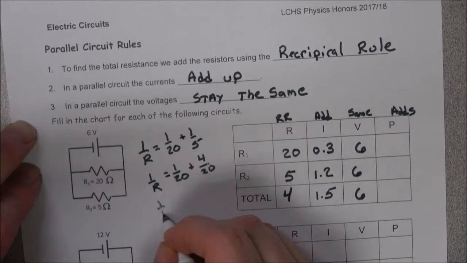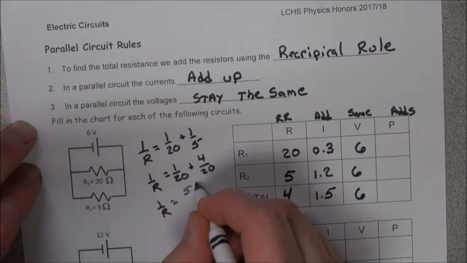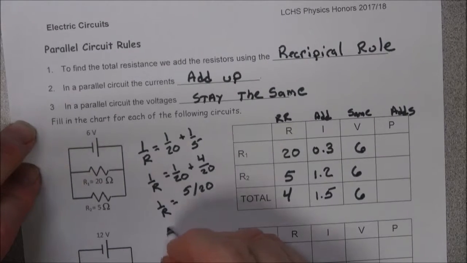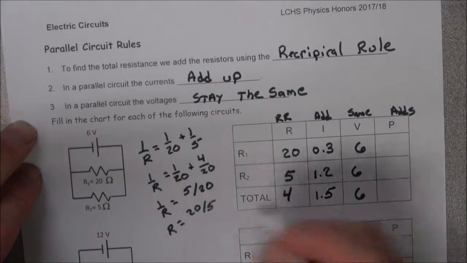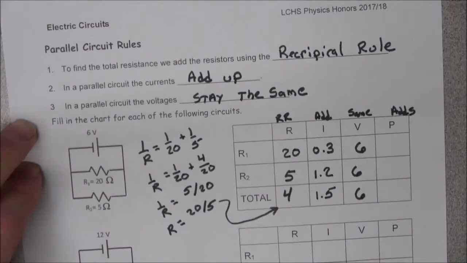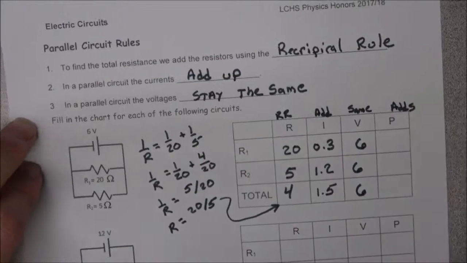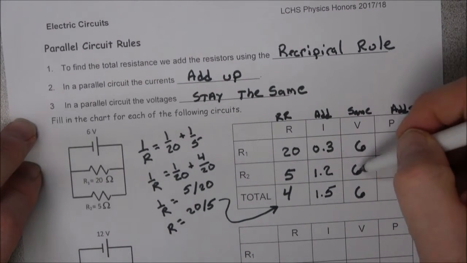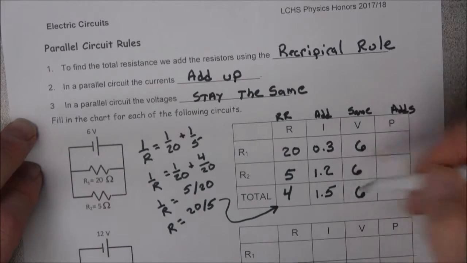So 1 over R is 4 plus 1, 5 over 20. So that tells me R is 20 divided by 5, which indeed is 4. Power is calculated the same way. So 6 times 0.3, 6 times 1.2, and that should add up to 6 times 1.5.